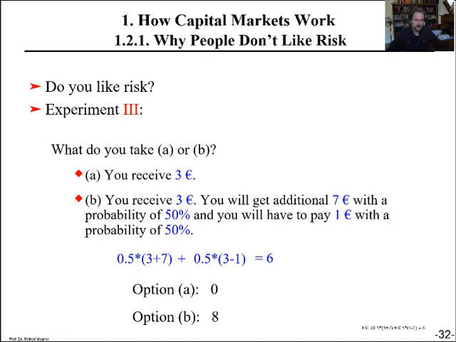As the results show, now, however, all of you prefer option B, which could be explained by saying that in this experiment the payment in the unlucky and lucky case of option B is now significantly higher as before, such that the expectation value is significantly higher as before.